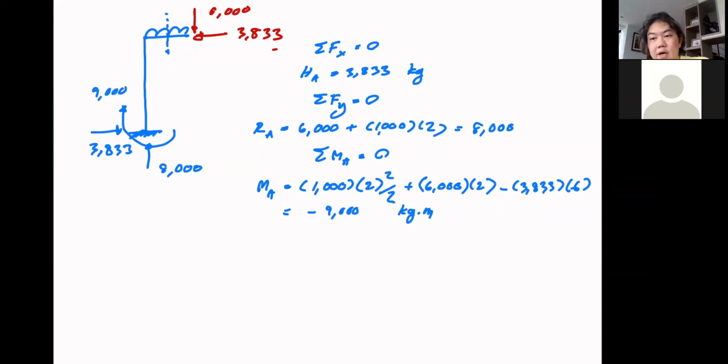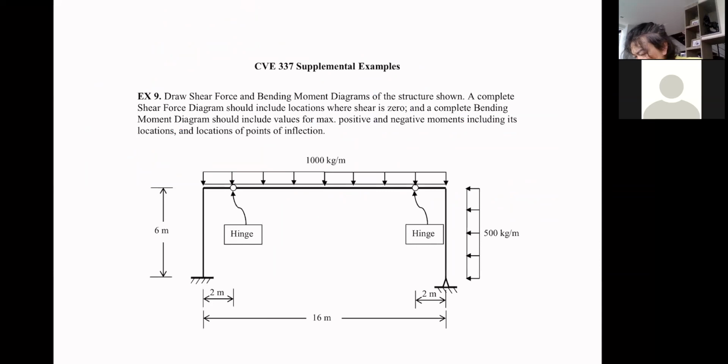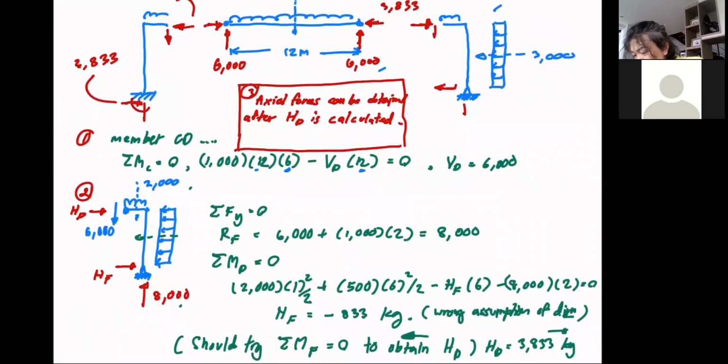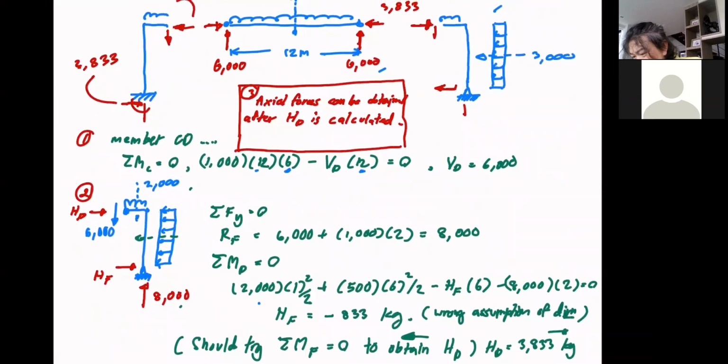The rest should be a piece of cake, don't you think? Oh, we have a question. 2,000? 1,000 is the load, right? Why 2,000? We don't have 2,000. Which one? And EF. Oh, this one, right? Sigma MD. Yeah, I kind of forgot. Sorry, this should be 1,000. You're right.